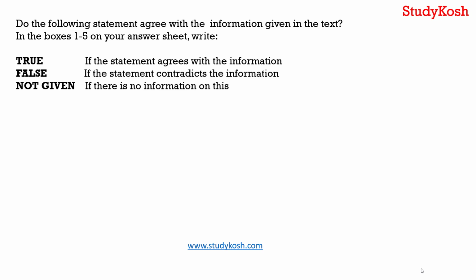If the statement is present as it is in the passage given to you, then students, give your answer as true. If something contradictory or some opposite information is given, then your answer should be false. And in case you find no relevant information about the question, then your answer should be not given.